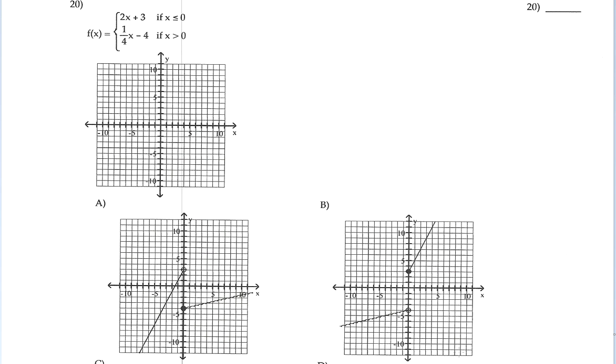Okay, and this last one, let's graph these separately. So this top one here, when x is less than or equal to 0, 2x plus 3, so I'll start at 1, 2, 3. There's my first point. My second point using the slope 2, so I'm going to go up 2 over 1.